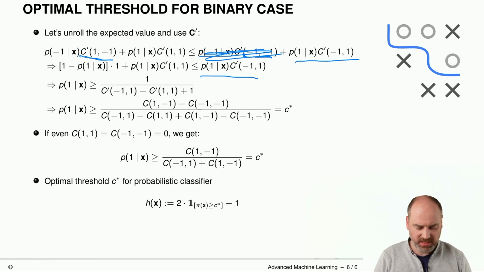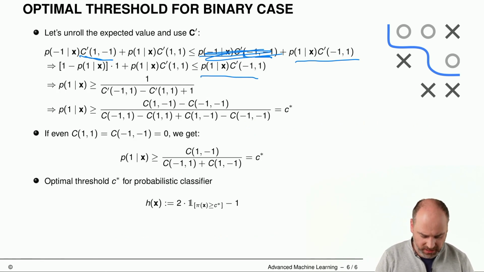I guess the rest I will not read out now. We can simply bring our probability of being in the positive class to the left-hand side, and all of the remaining terms to the right-hand side.